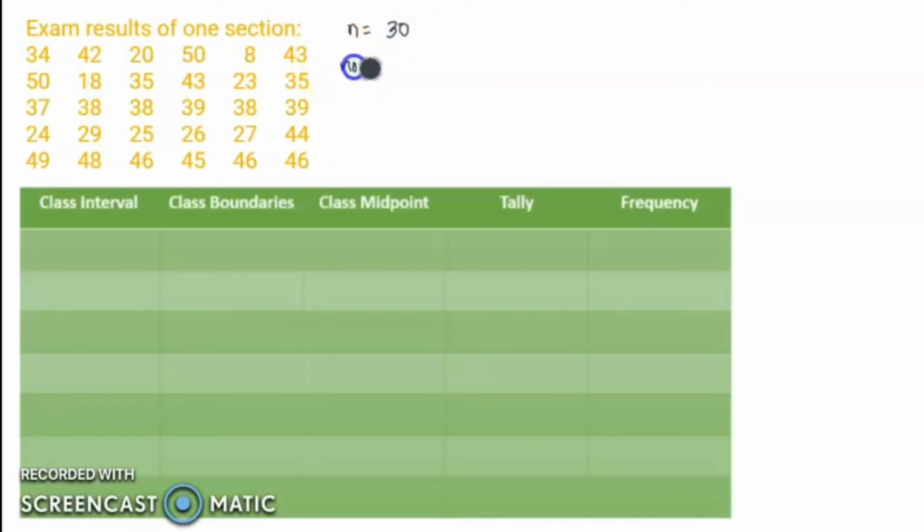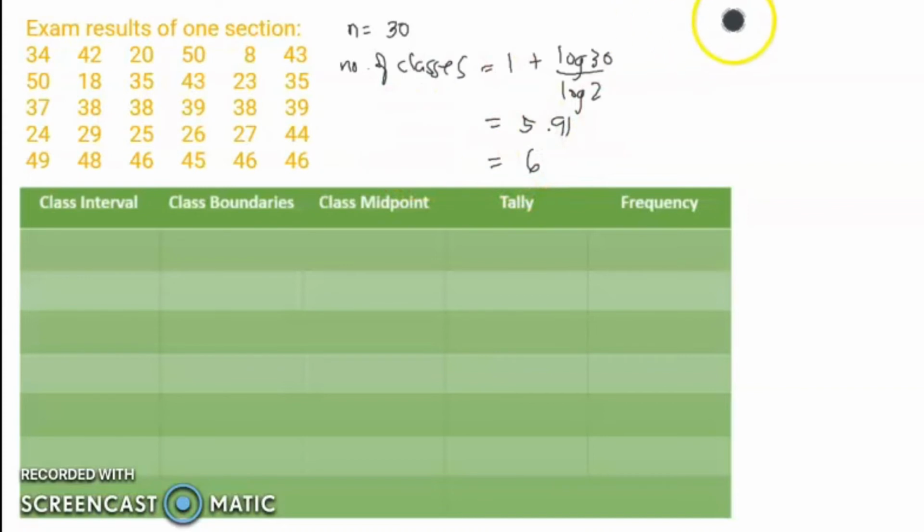So, the number of classes will be 1 plus the logarithm of 30 over the logarithm of 2. So that's 5.91, rounded off, that's 6. Okay, so the number of classes is 6.